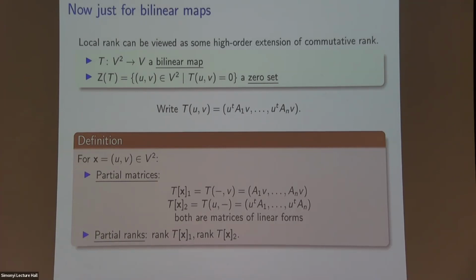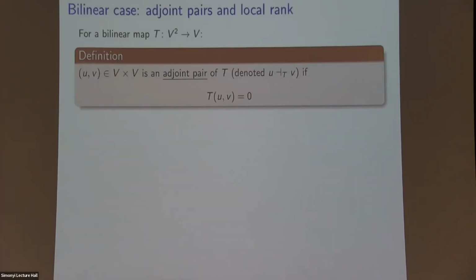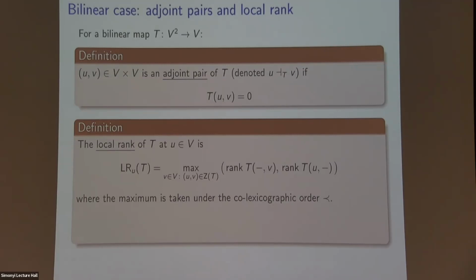Now I have two partial matrices, one for each dimension, and they're both linear. Every entry is a linear form. And the adjointness condition, there were D minus 1 conditions, but now that's just one condition. And I'm identifying U and V as elements of V instead of V squared, because you can forget about one of the coordinates, it doesn't play a role.